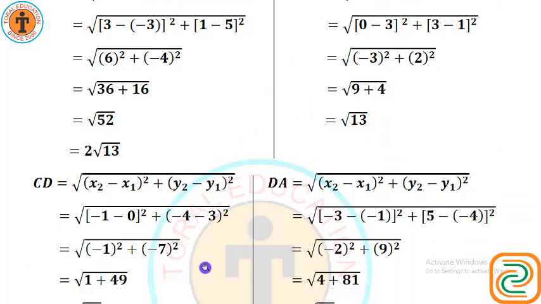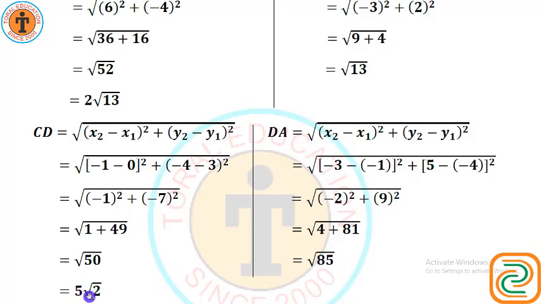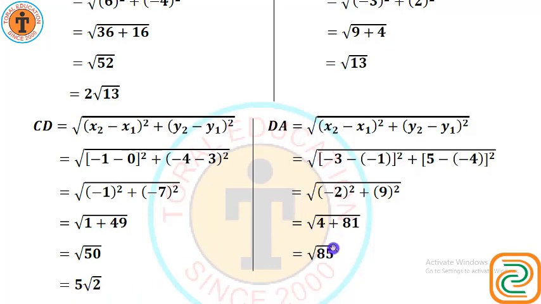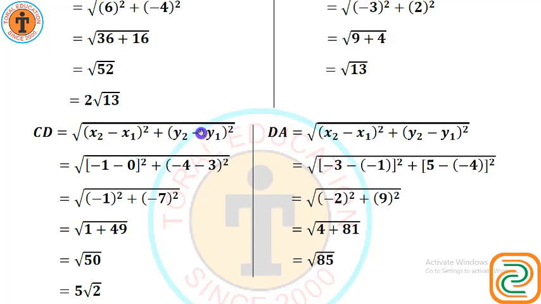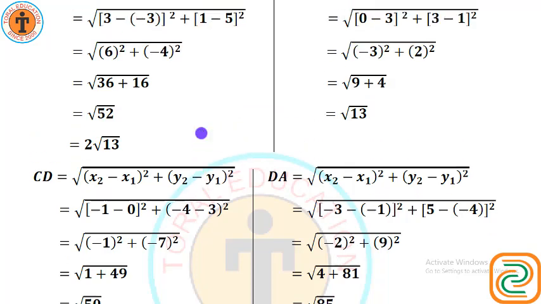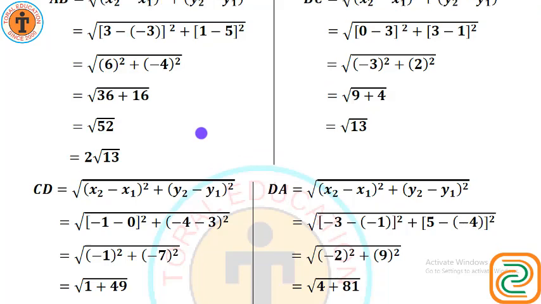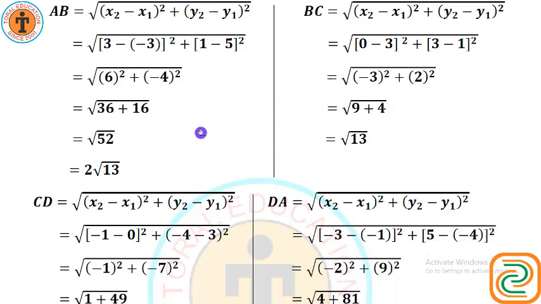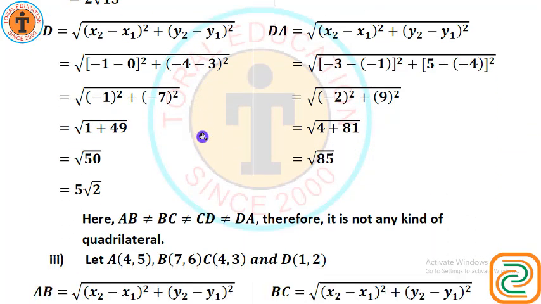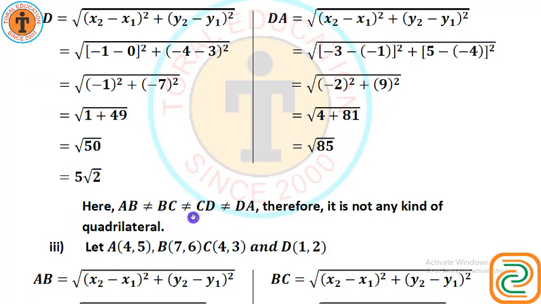CD equals, we have found, 5 root 2 and DA equals 85. There aren't any two sides equal, nor all four sides equal. So AB is not equal to BC, not equal to CD, not equal to DA. Therefore, it is not any particular kind of quadrilateral. It is a quadrilateral, but not a particular kind of quadrilateral, right?